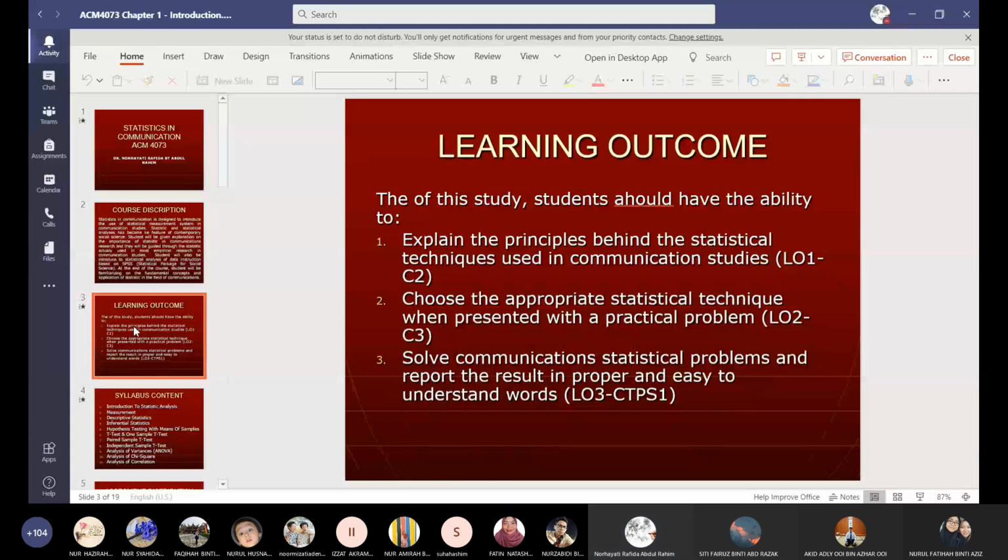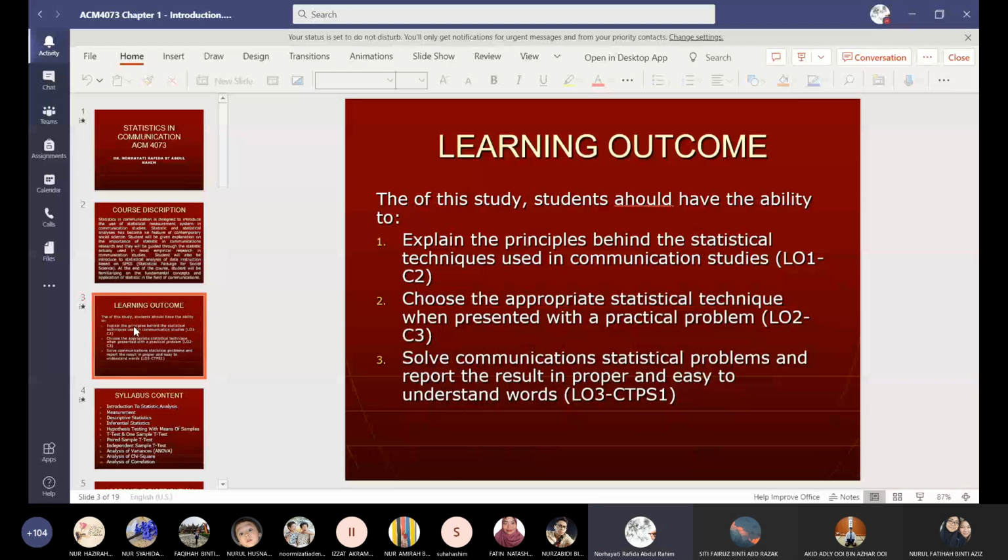Second, you should have the ability to choose which technique is appropriate to be used and fulfill the objectives or solve the problems you intend to have in your studies.